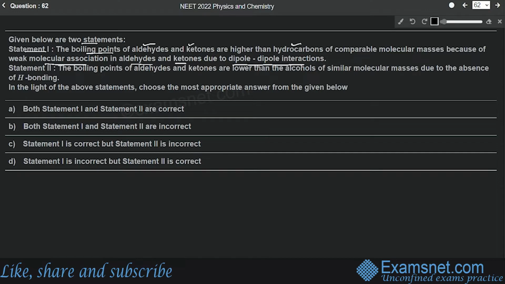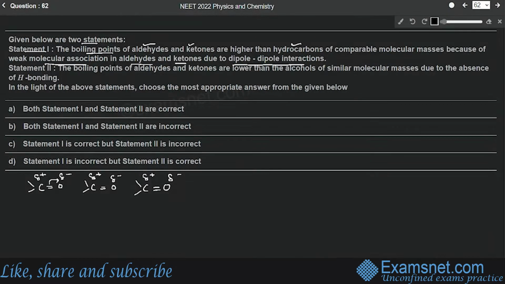Okay, so let's analyze this statement first. We know that aldehydes and ketones consist of carbonyl groups, that means C double bond O. Now oxygen is more electronegative than carbon, so the electrons will be attracted to oxygen and oxygen will acquire a partially negative charge, whereas carbon will acquire a partially positive charge. The same is the case with all the carbonyl groups.